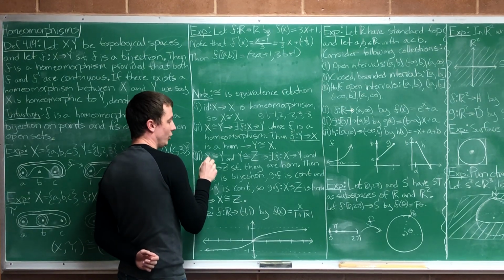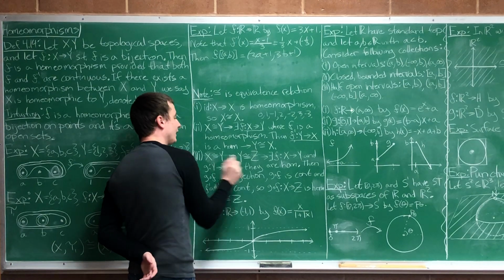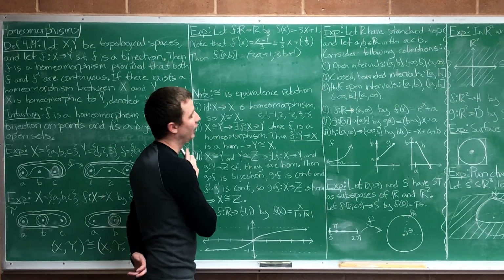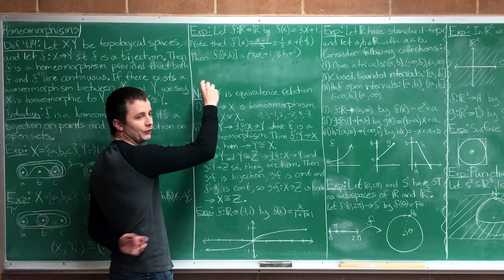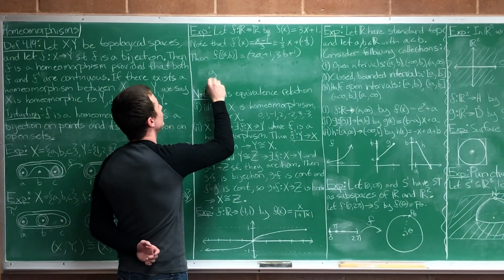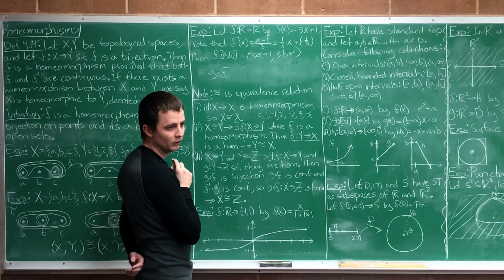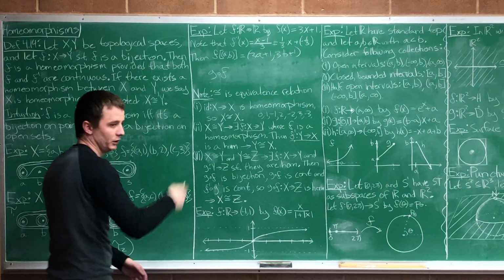So we're going to show that if X is homeomorphic to Y and Y is homeomorphic to Z, then X is homeomorphic to Z. All we're going to use, you might not remember this from last time, but last time we said that if f is continuous and g is continuous, then g composed with f is continuous. We didn't prove it. It was one that I had at the end. I said we could prove it if we wanted.